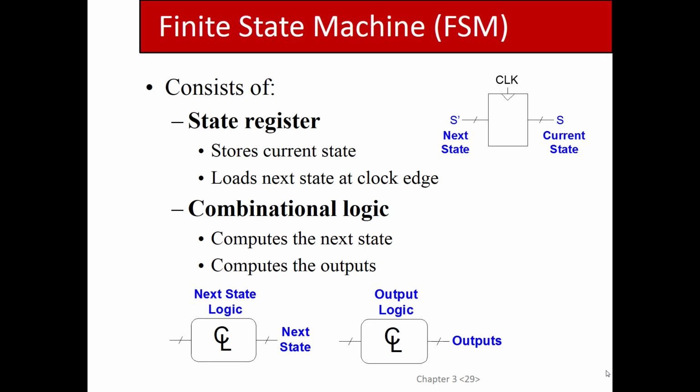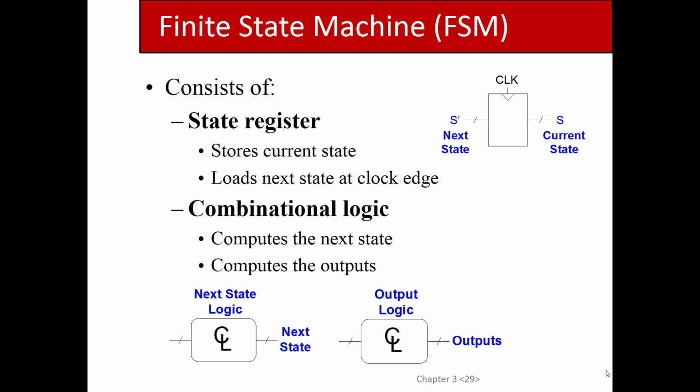Then you have next state logic, which is purely combinational logic. It's a combinational logic circuit that generates the next state value from the current state value and the inputs, right?